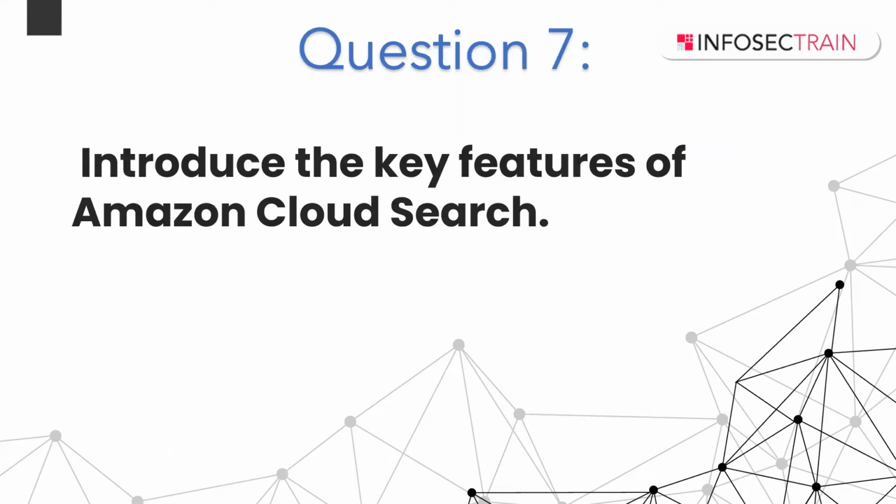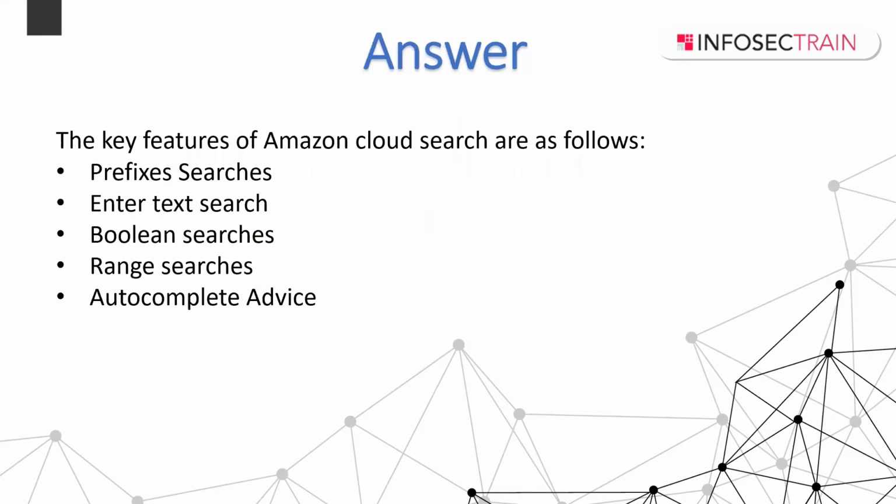Now the next question we are having: introduce the key features of Amazon CloudSearch. Okay, so Amazon CloudSearch is a managed service in the AWS cloud that makes it easy and cost effective to set up, manage and scale a search solution for a website or application.